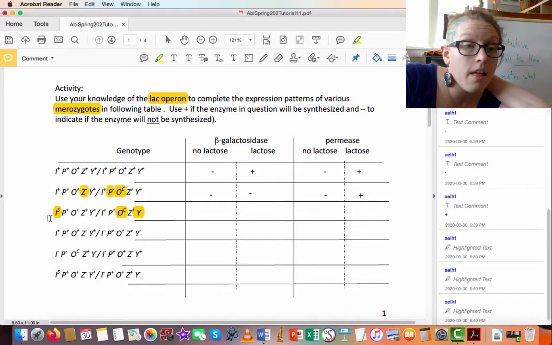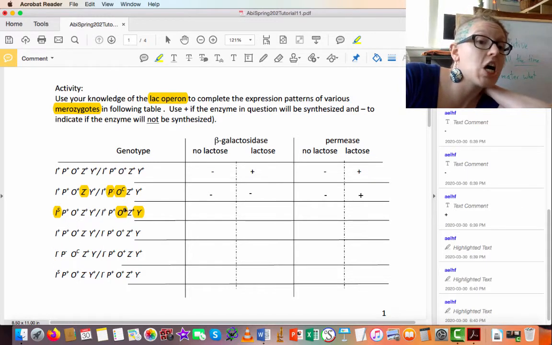However, this super repressor is going to be repressing any operator it can stick to, and it can stick to this operator here on this side. So neither of these two genes are going to get transcribed. So we're not going to get any permease, but we're going to get constant galactosidase.